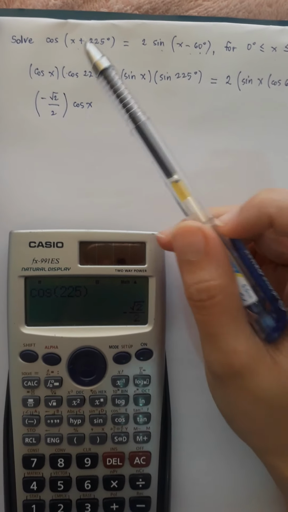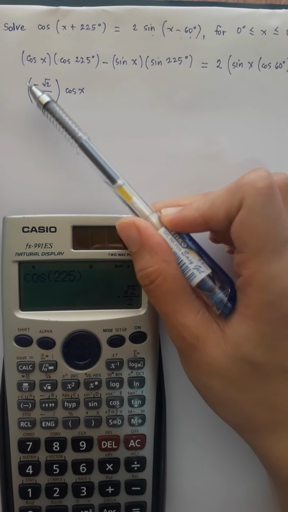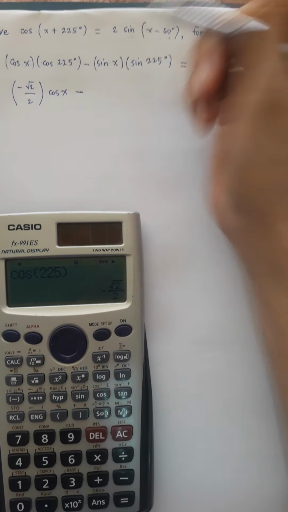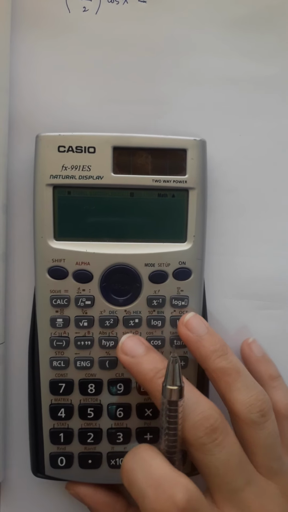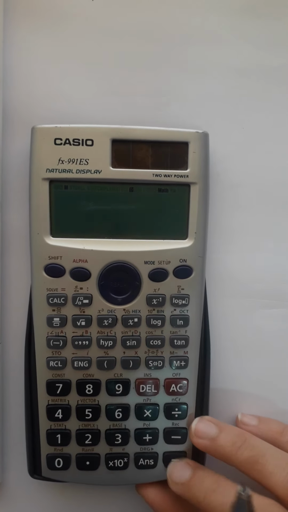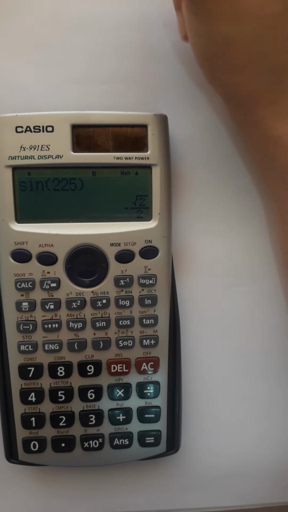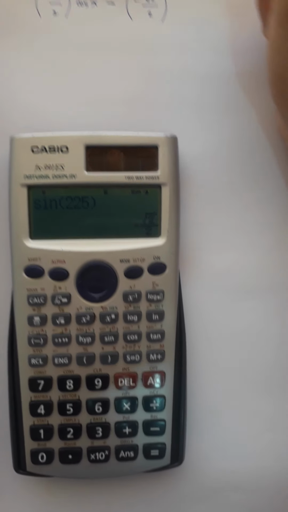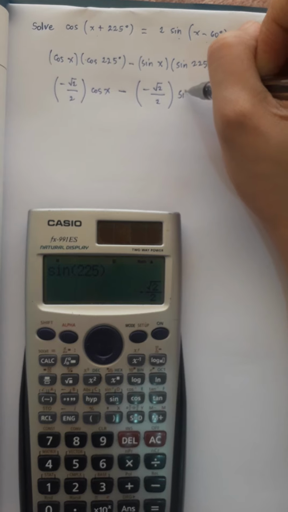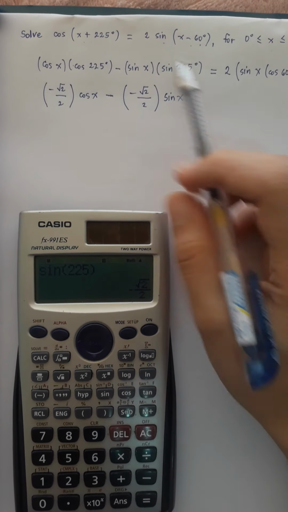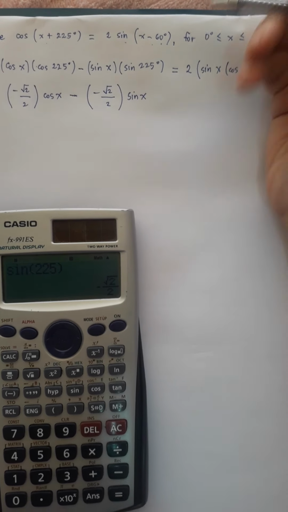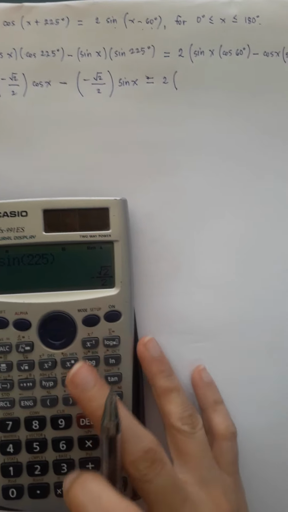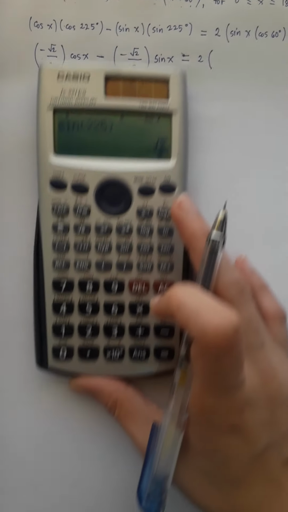I write it in this way such that this becomes the coefficient of cosine x. Then minus, so sine 225 degrees is also negative square root of 2 over 2 times the sine x. Again, I write it in this way so that it's a coefficient of sine x, equals 2 times, now we get cosine 60 and sine 60 degrees.